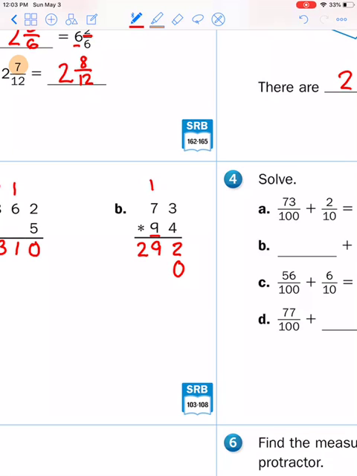So 9 times 3 is 27. And then 7 times 9 is 63, plus 2 is 65. And now you're just going to add. So 2, 9 plus 7 is 16, so carry the 1. 5 plus 2 is 7, plus 1 is 8, and then 6.